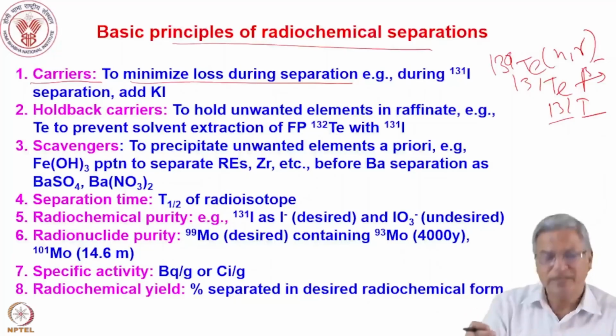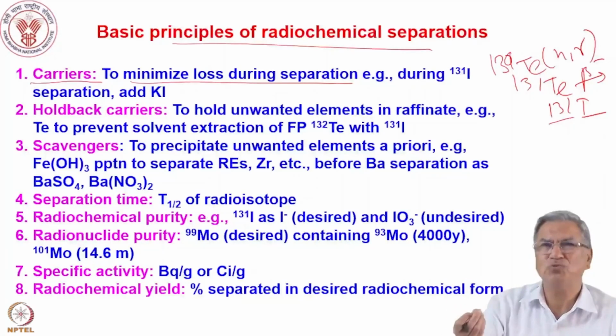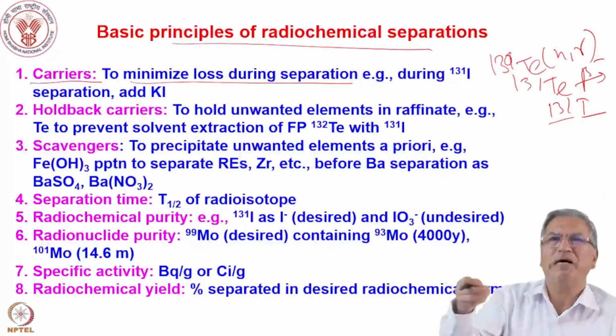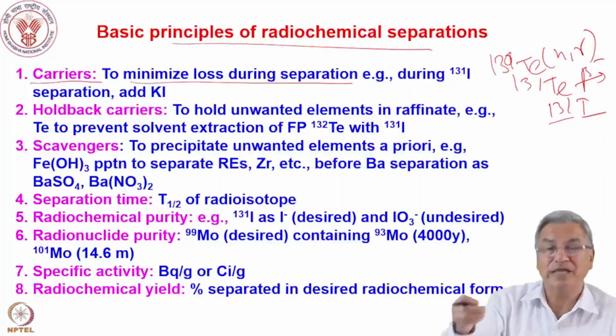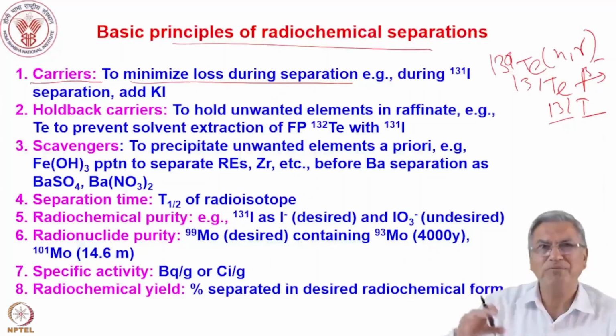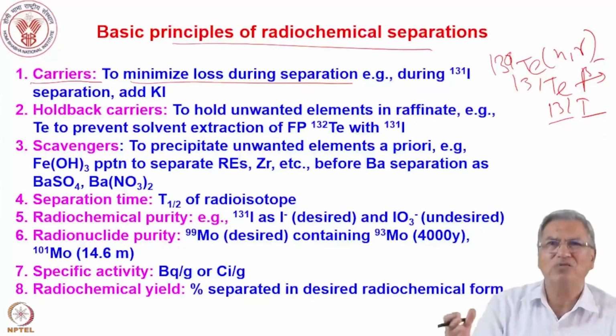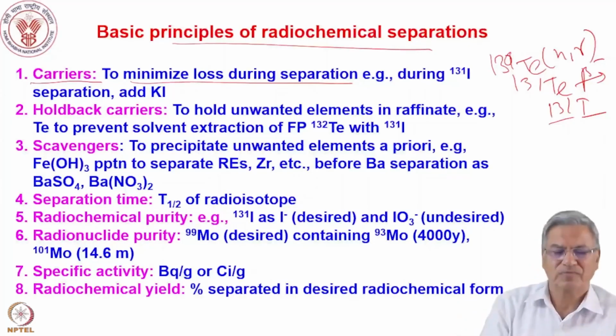Many times we require them in a high specific activity, so you don't add a bulk quantity, you add a macrogram quantity, 10 power 20 atoms or 18 atoms, like that, because of the specific activity effect. So you generate a relatively large quantity to avoid the loss during radiochemical separation.